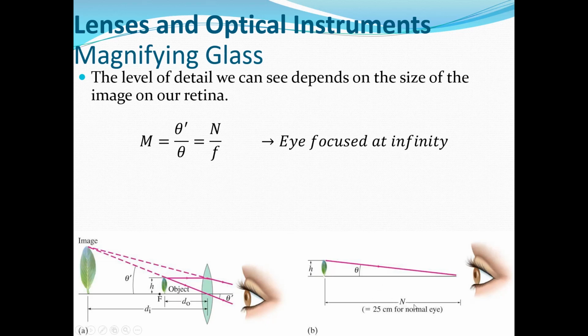They define n as a normal eye, the length that it would see, and then the angle would be from the top of whatever the object is to the eye. That's how they find theta, and then theta prime is the angle of the image being created. This is what the magnification would end up being for an eye focused at a near point.